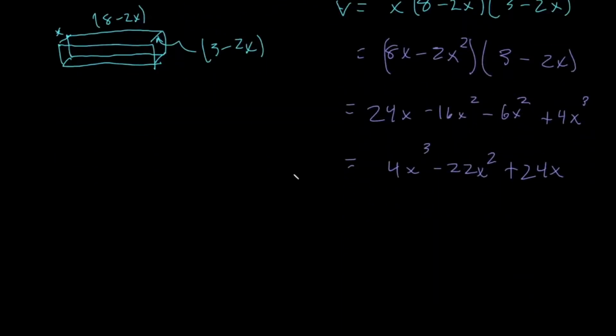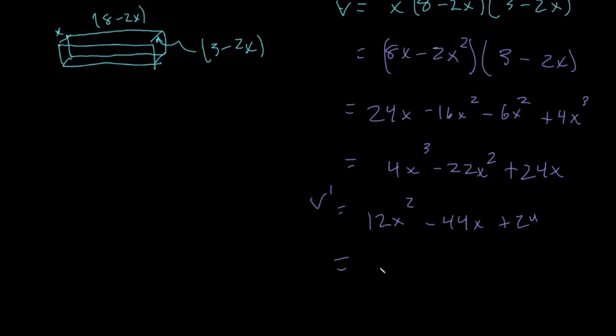So let's go ahead and differentiate. V prime is 12x squared minus 44x plus 24. Divide everything by 2. So I get 6x squared minus 22. No, can I divide everything by 4? Yeah, I can.